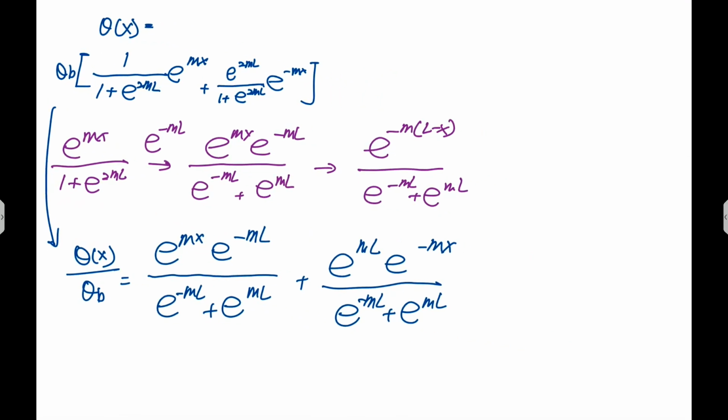So now the upper one here will become e to the m(x minus L), and here similarly e to the m(L minus x).